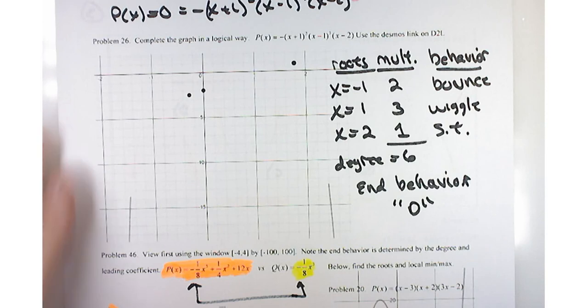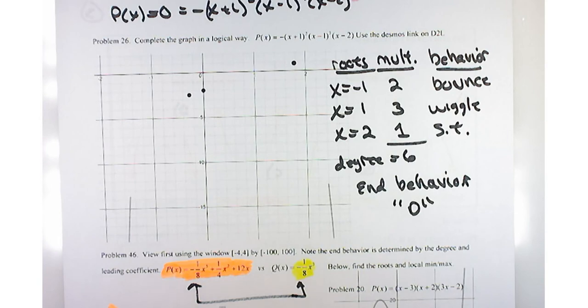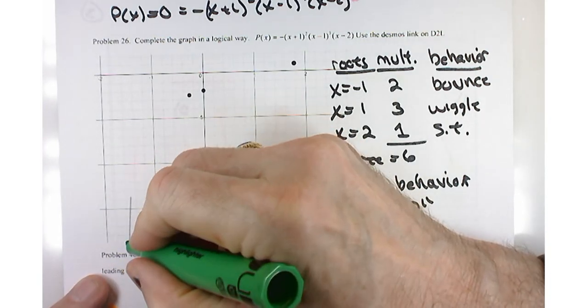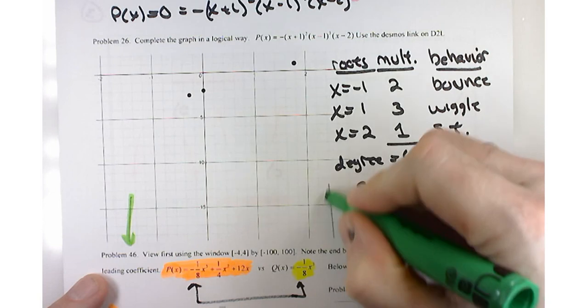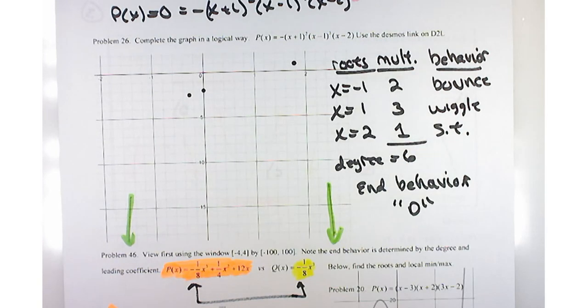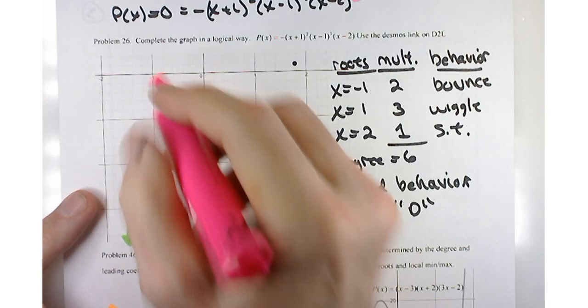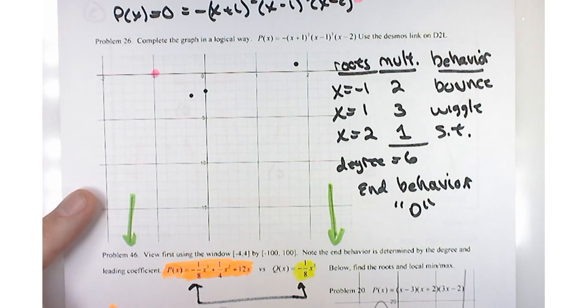So that means exactly what I have drawn here, that eventually this graph is going to come down to the left and down to the right. That's our end behavior. In between, we've got a lot of things happening. For instance, we've got a root at -1. So that's going to be up here.